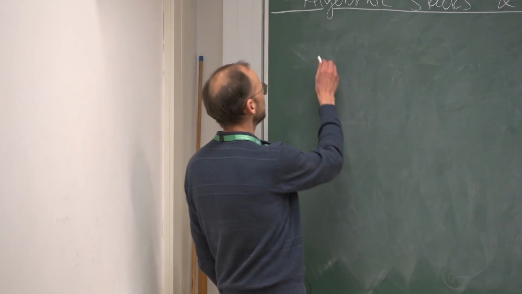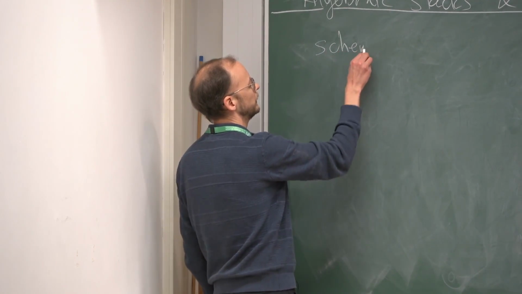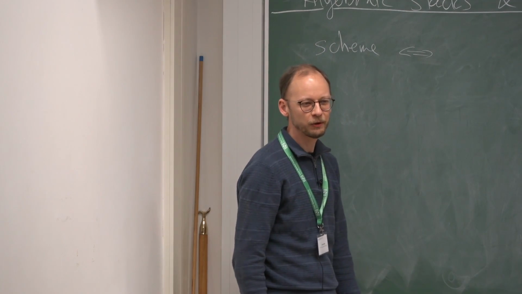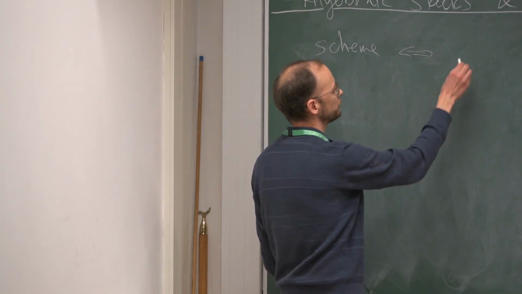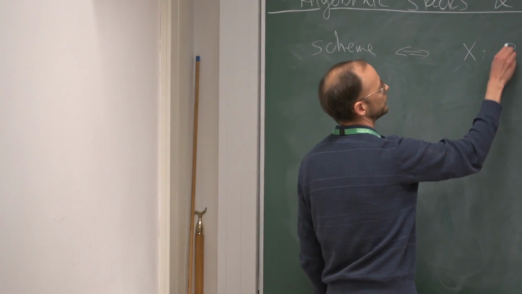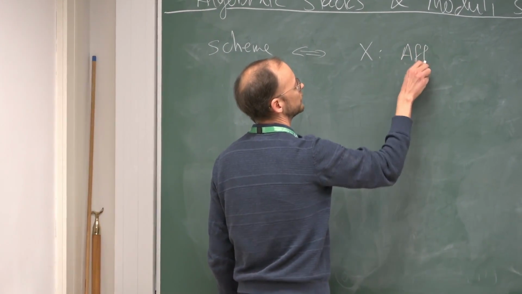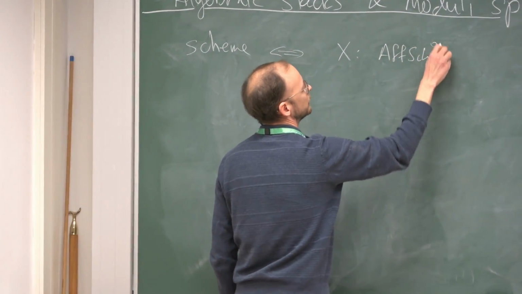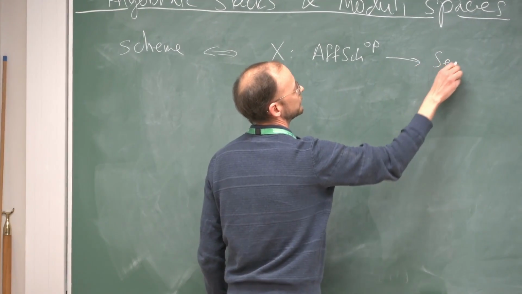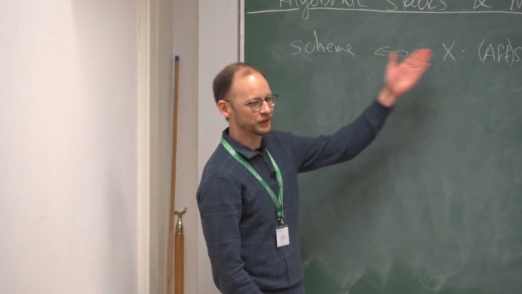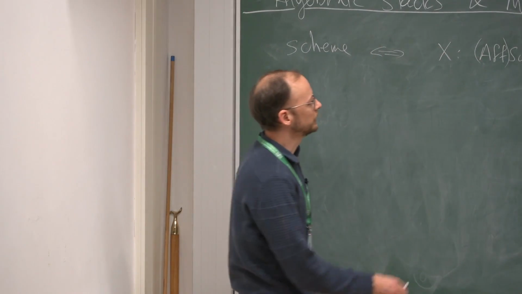So when you think of a scheme, you should not think of it as a local ring space, etc., but you should think of it as a functor from, let's say, affine schemes to sets, or schemes if you like, but then it's kind of a tautological definition.